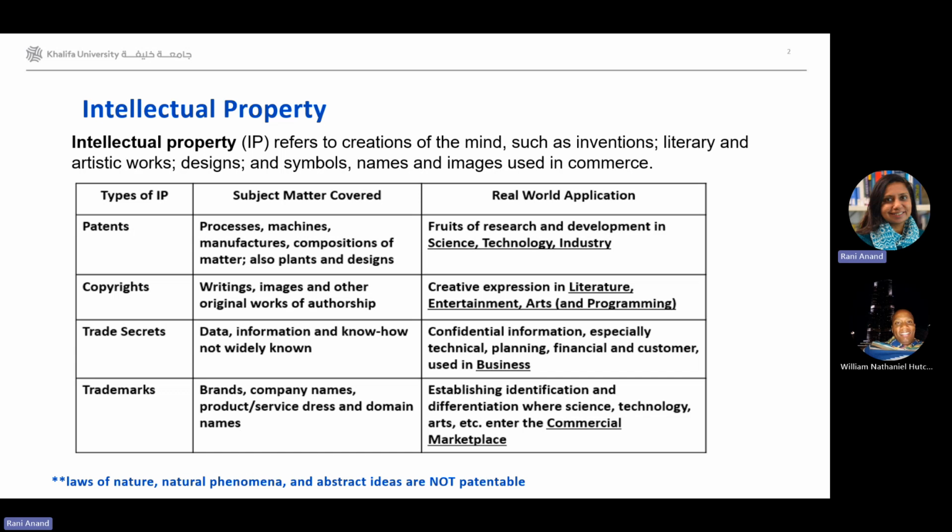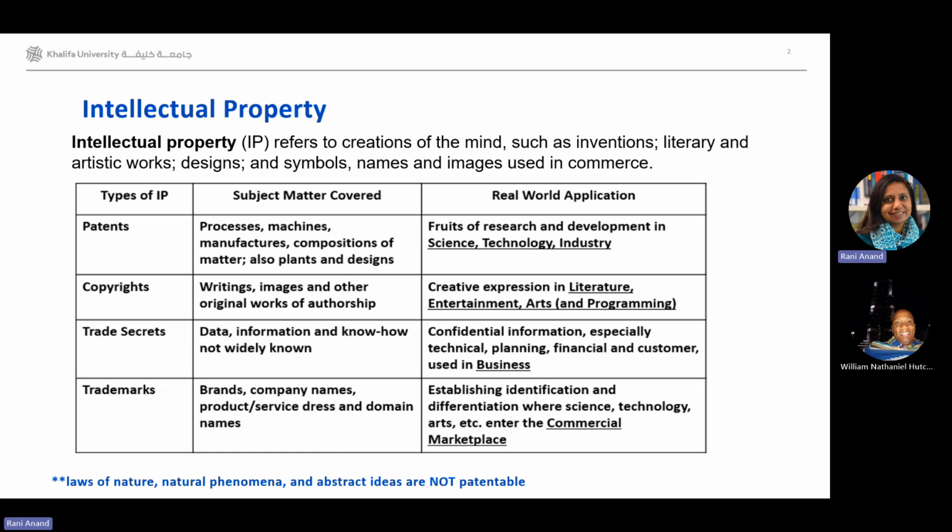Then there are confidential information and creative expressions in literature. So any kind of individual or personal original work is intellectual property. Patents are intellectual property.